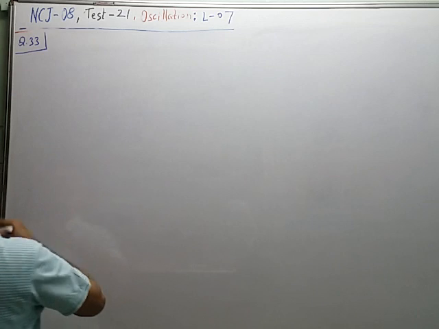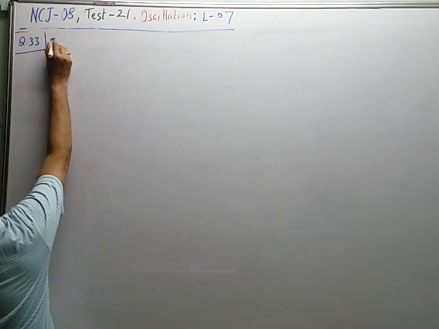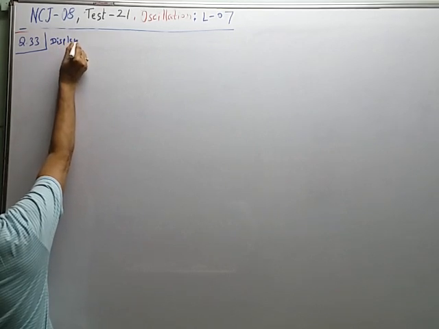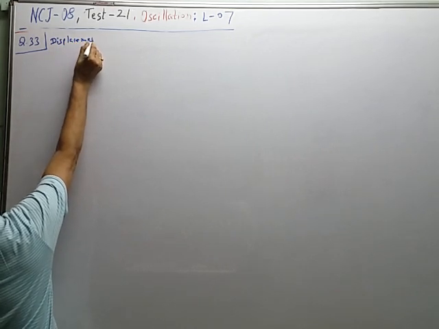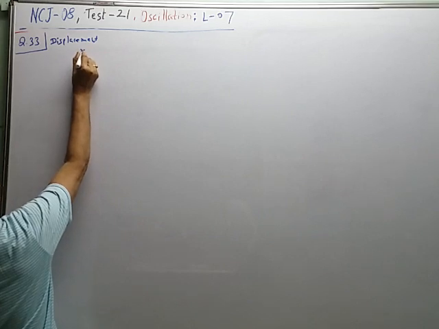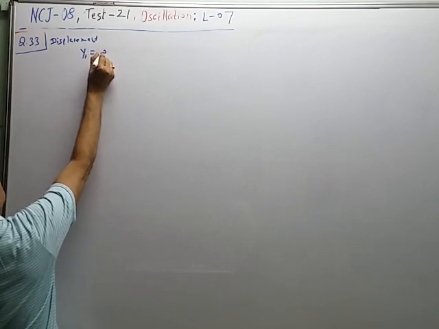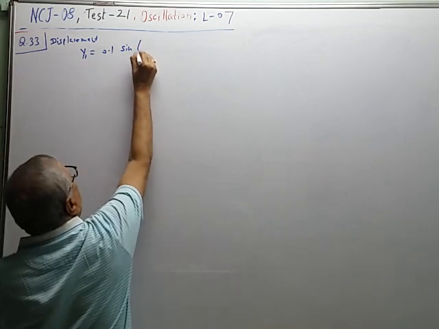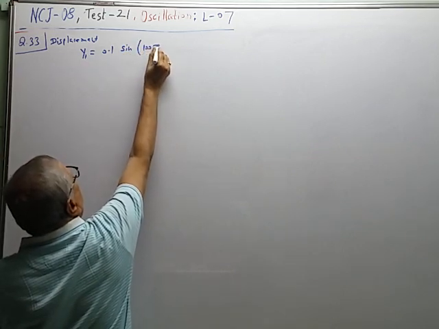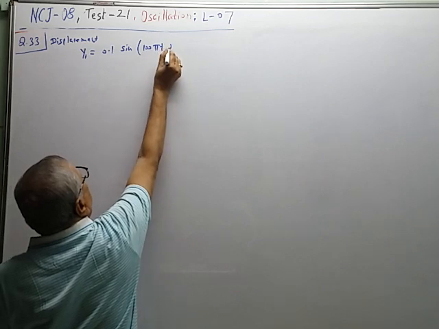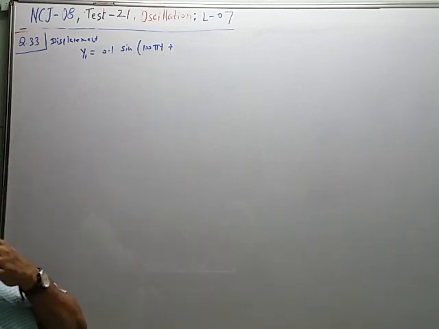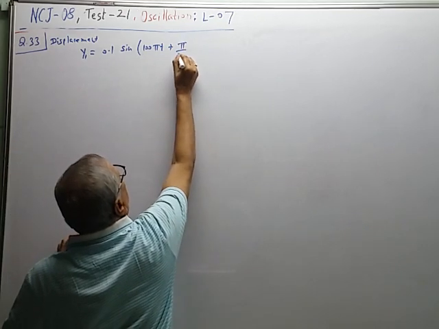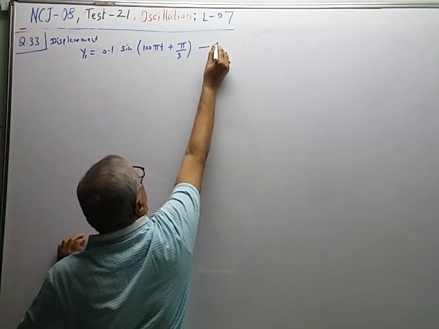for first displacement y1 is equal to 0.1 sine of (100 pi t plus pi by 3). This is equation 1.